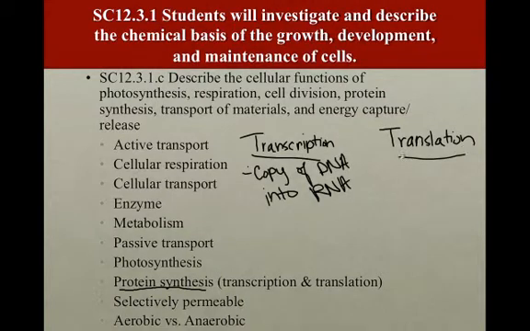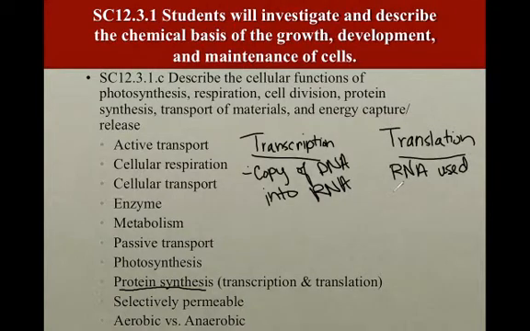But that is the translation, is when RNA is used. And remember codons, anticodons. We have codons, the 3 base pair codon, like AAG or something, that would stand for 1 amino acid.